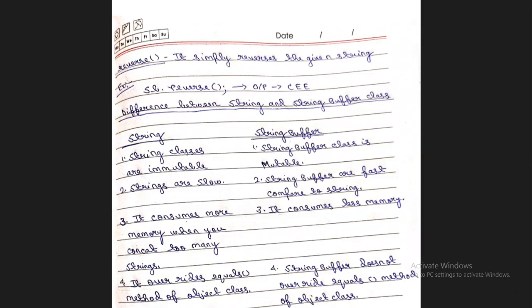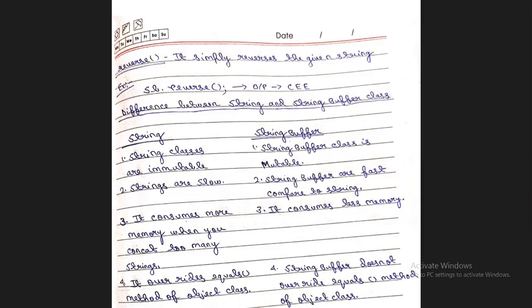If the value is stored in the string constant pool, then the particular memory reference will be given to the string literal. But if the value is not stored in the string constant pool, then the value will be stored there, and a new memory reference will be created.